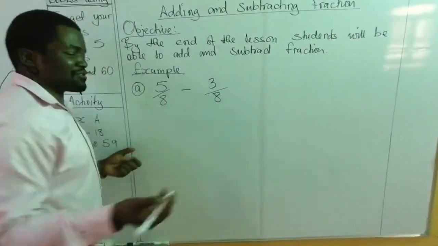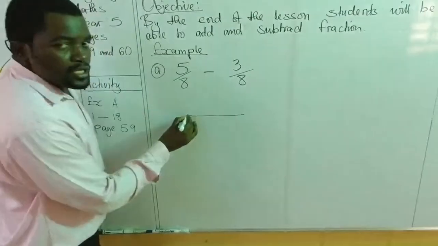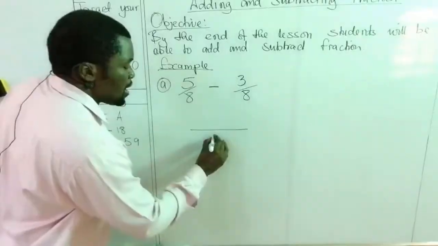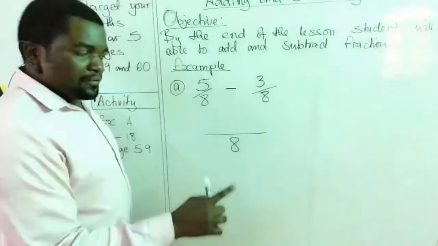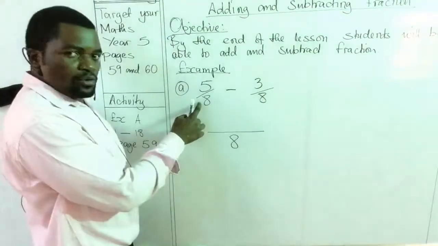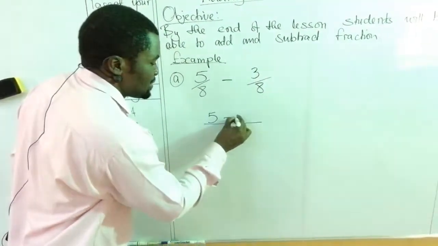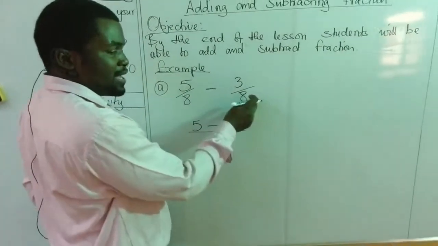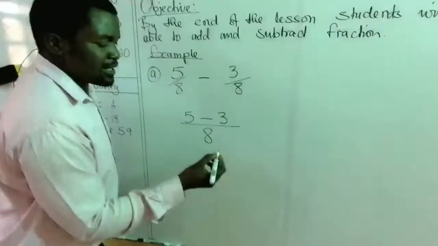Now, the same thing, you draw the line. When you draw the line, you put here one of the denominators down. Then after that, 8 divided by 8, 1. 1 times 5, you put here 5. Minus 8 divided by 8, 1. 1 times 3, you have here 3.